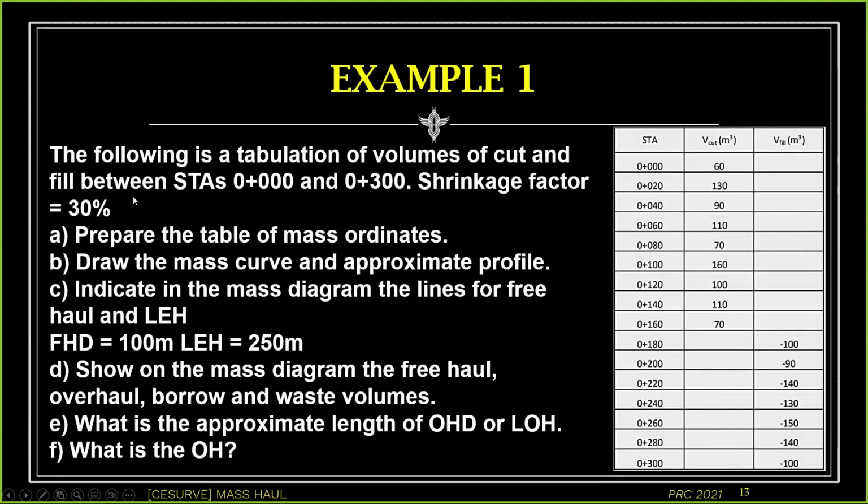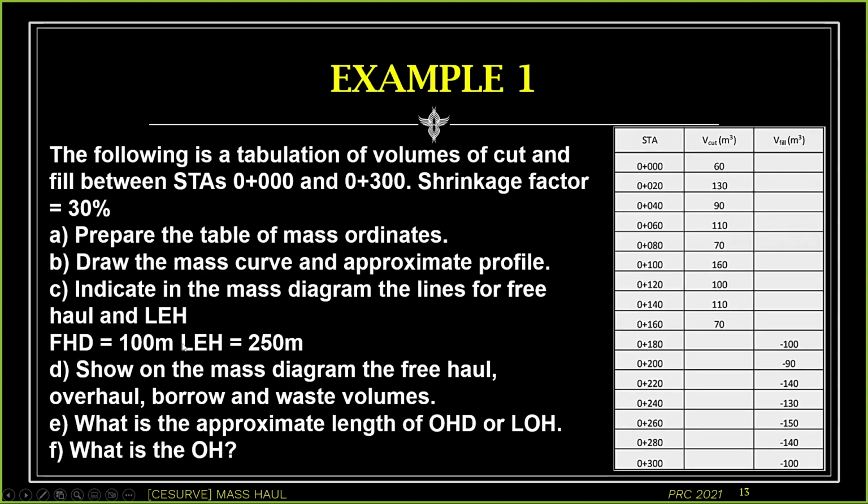So let's have this problem. Following is a tabulation of volumes of cut and fill between stations 0 and 300 with a shrinkage factor of 30%. Prepare the table of the mass ordinates, draw the mass curve, and approximate the profile. Indicate in the mass diagram the lines for free haul and limit of economic haul.